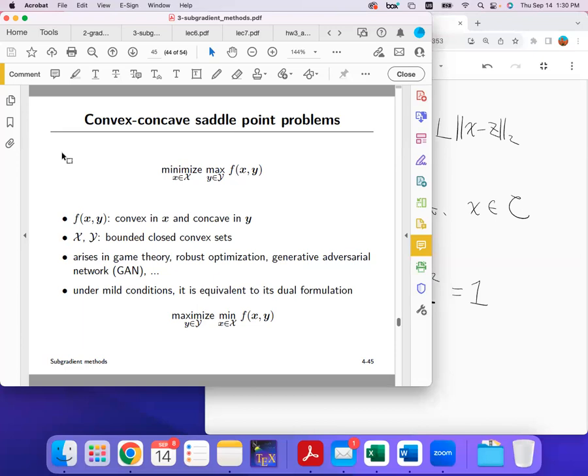For example, many two-player games can be formulated into this problem. The first player wants to minimize the cost. The second player wants to maximize its profit. Maybe they are competing with each other. That is exactly this minimax problem.